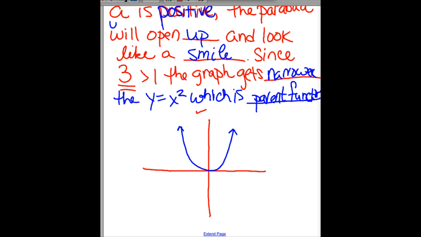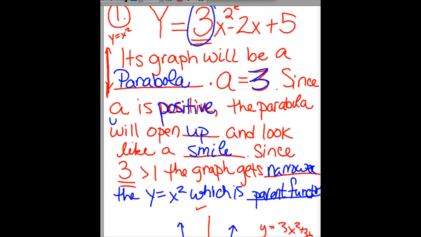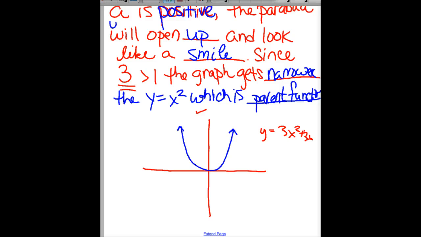And when I graphed the other one, in red, the y equals 3x squared minus 2x plus 5, again, you're going to graph these on the graphing calculator for now. It moved over here, and it got really skinny.